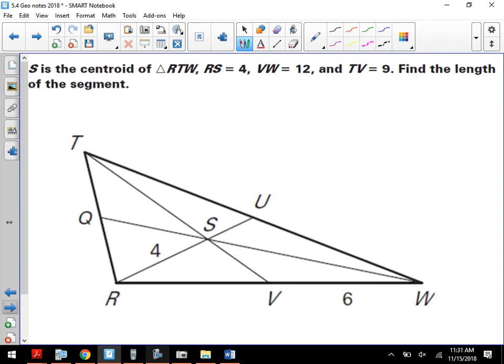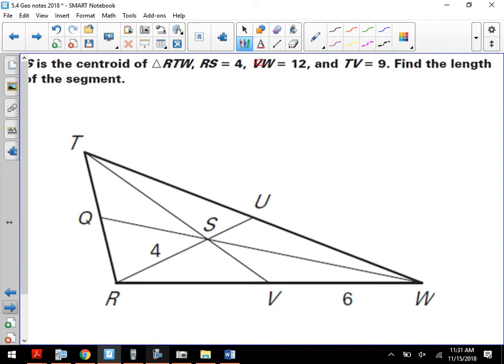Now, in this one, this should say RW is 12. Take a second. Draw this one up. Remember what medians are running into.